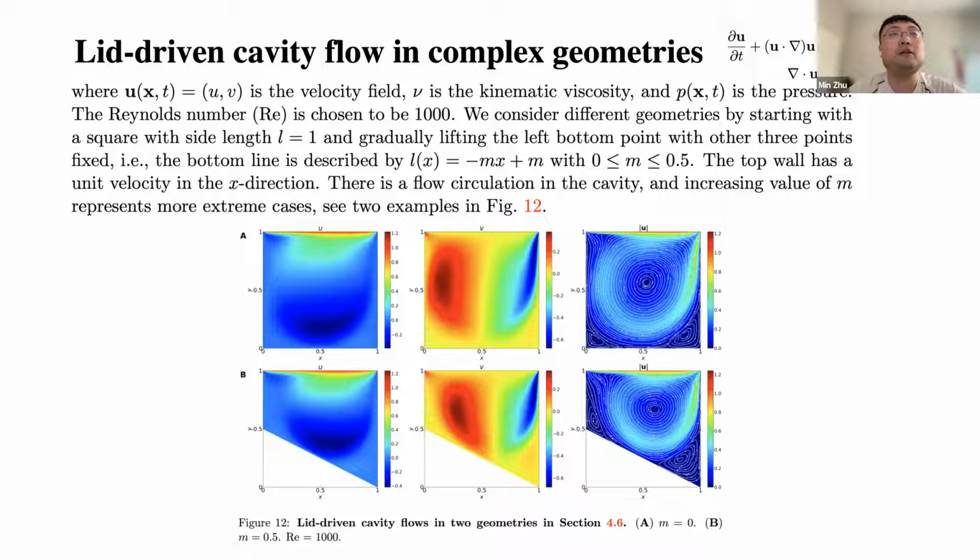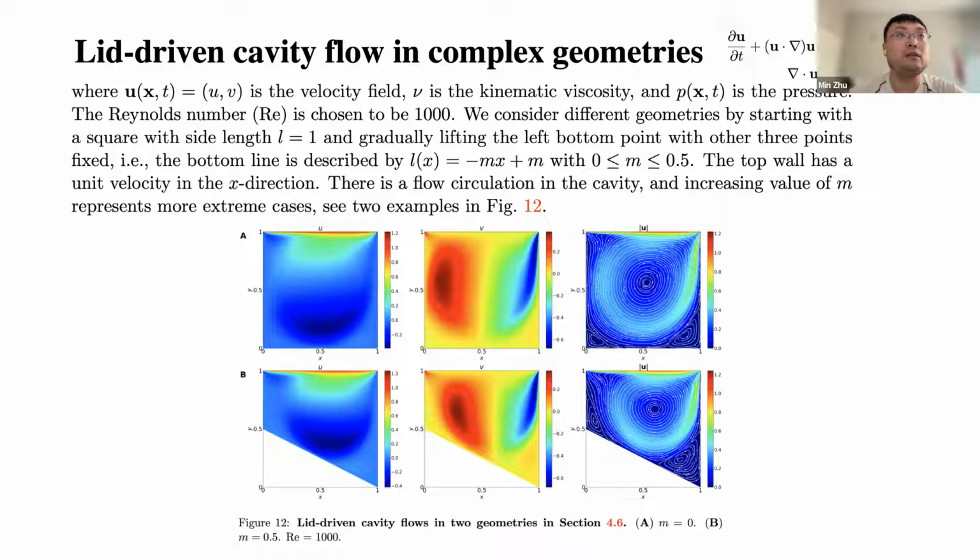There is a flow circulation in the cavities, and increasing the value of m represents more extreme cases. We can see two examples in the figures.